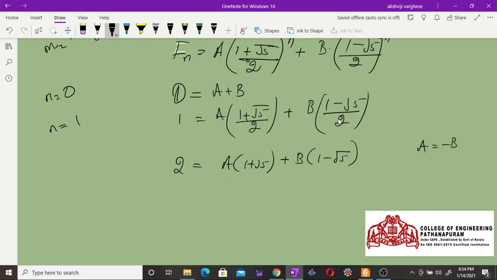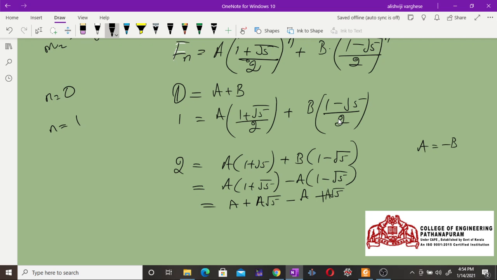So if you substitute b is equal to minus a, this equation becomes a into (1 plus root 5) minus a into (1 minus root 5), that means a plus a root 5 minus a plus a root 5.